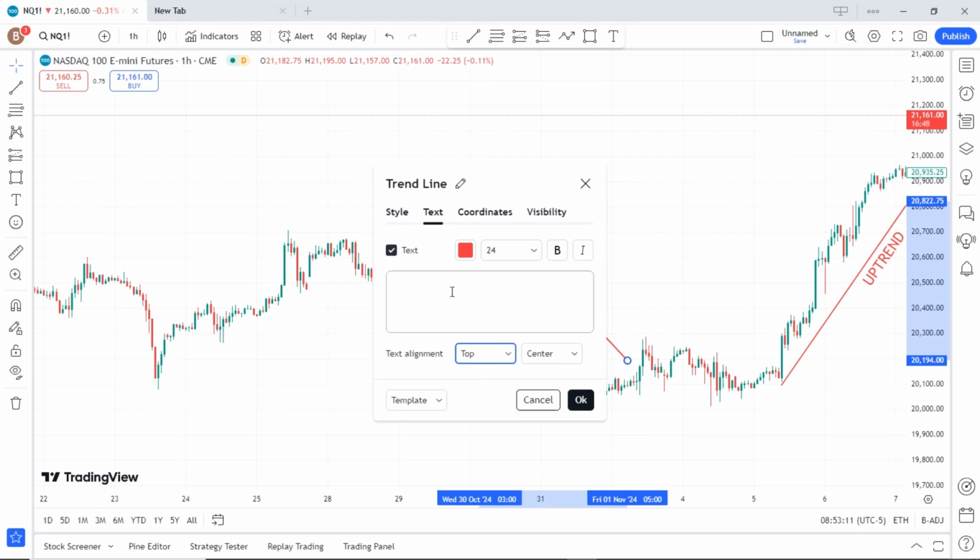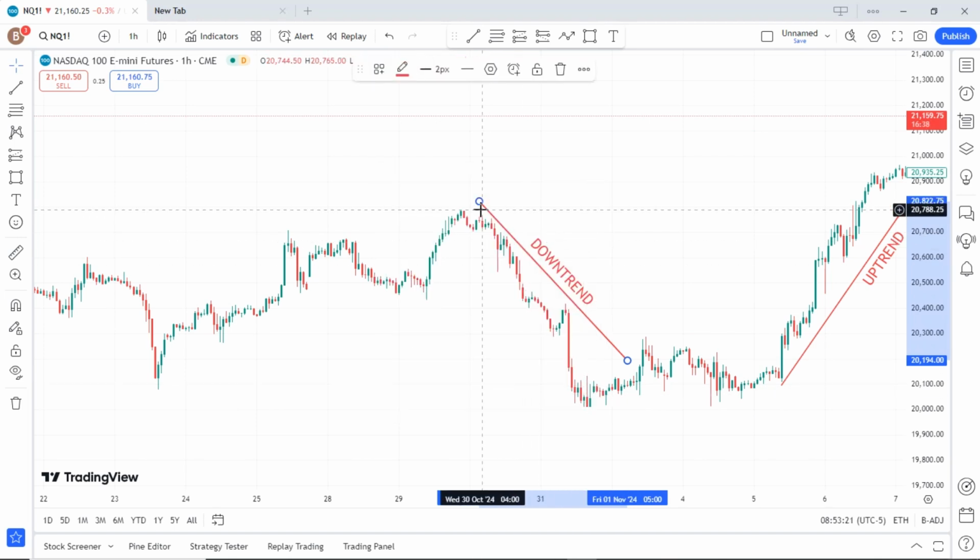Price experienced a decrease in value. The Nasdaq mini experienced a decrease in value from the starting point here at 20,790 to the terminus here at 20,012. So price experienced a decrease in value. This is a typical example of a downtrend.